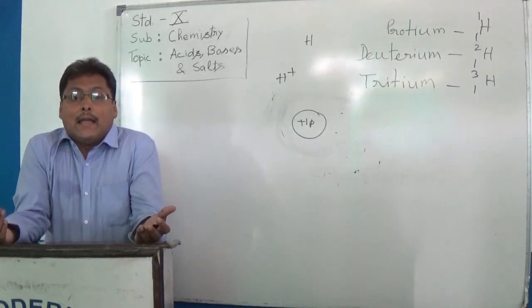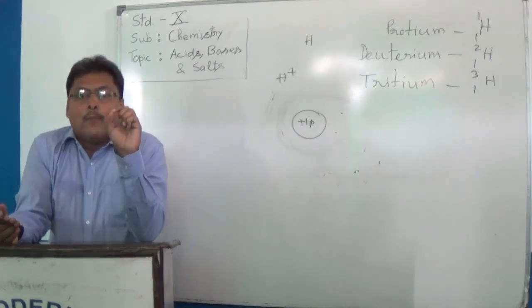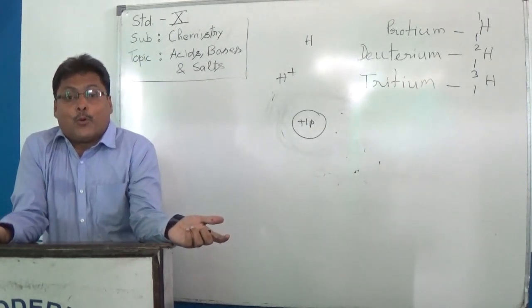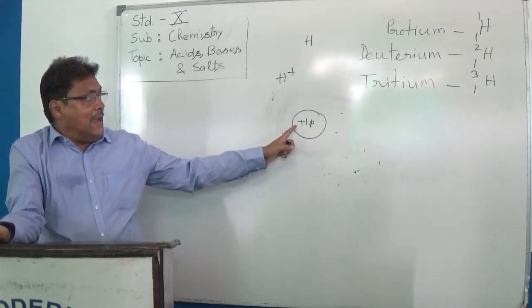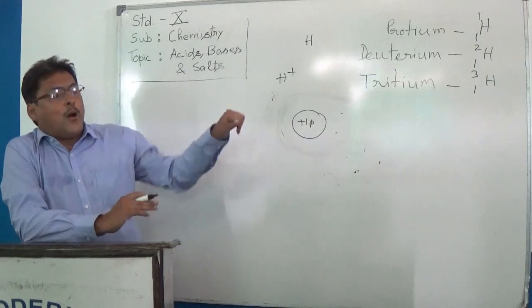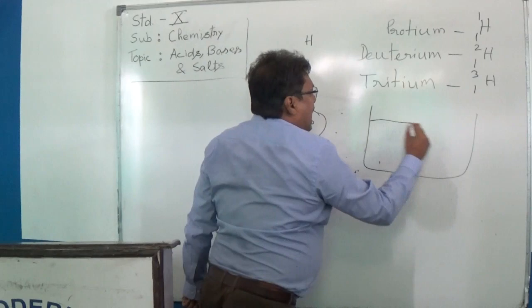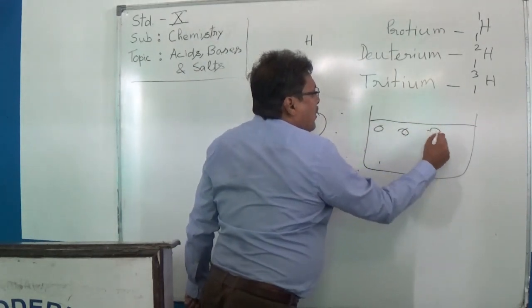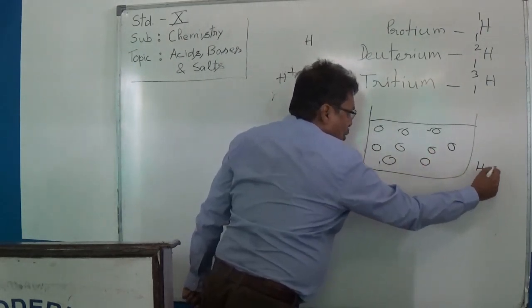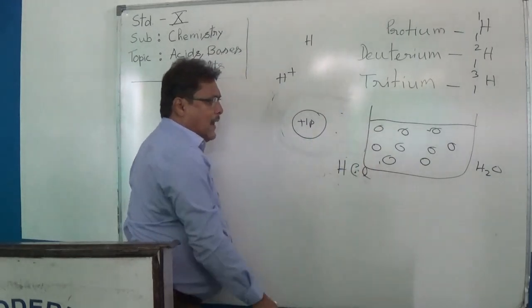What is an H plus ion? H plus ion is the proton in its simplest, original form. It's a proton. Now, this H plus proton, when it gets separated from some acid, say we take some water, lots of water molecules are there, H2O, and we put HCl inside this.